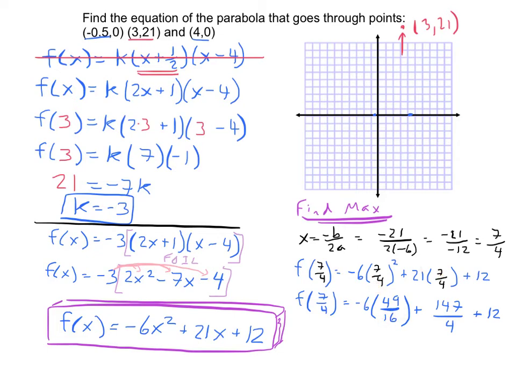I distributed here, 21 times 7 was 147. This is all over 4. Still got the plus 12 out there. I'm gonna have to bring stuff together here. The negative 6 and the 16, I'm gonna be able to reduce those. They're both even. So I can make it negative 3 over 8, and now I can start gathering, or expanding.